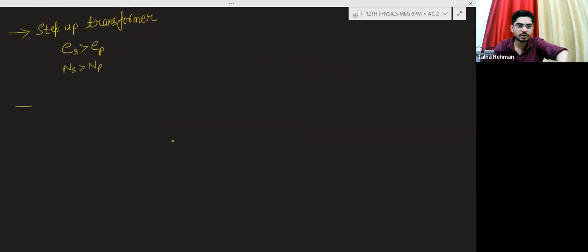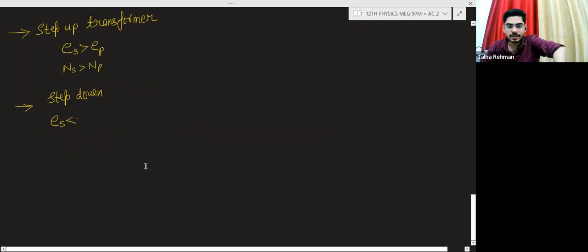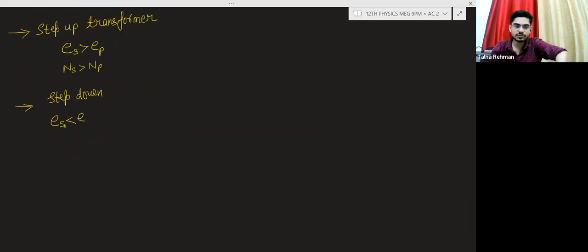For the step down transformer, induced EMF in the secondary will be lesser than the induced EMF in primary. Number of turns in secondary will be lesser than the number of turns in primary. So you can identify the type of the transformer.